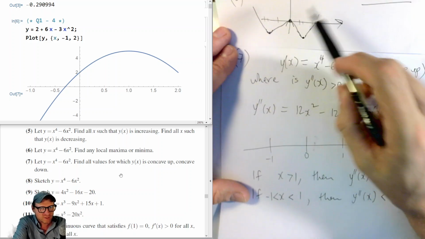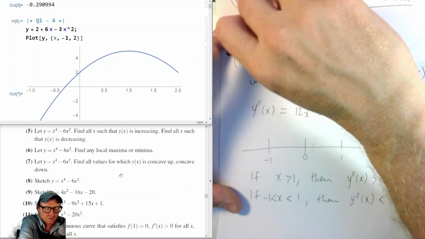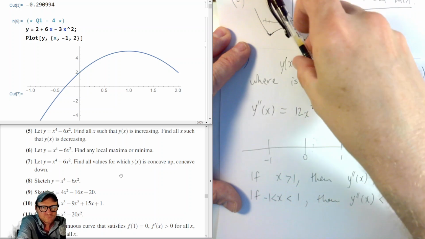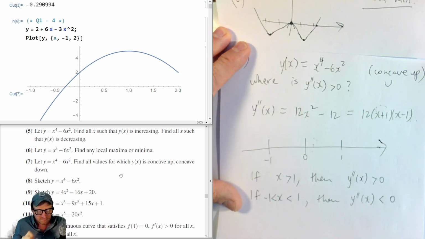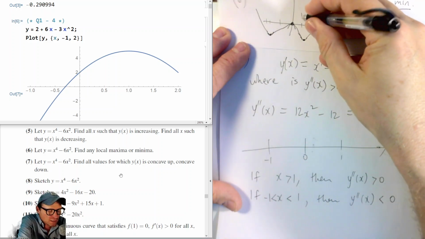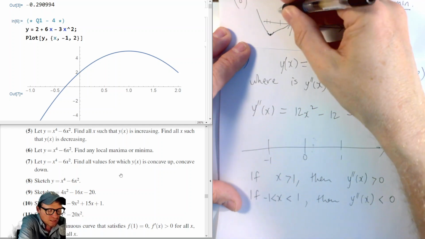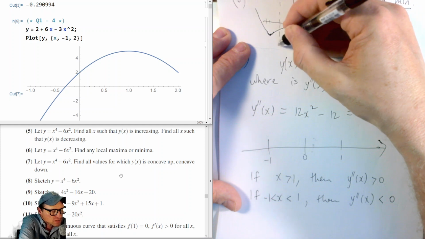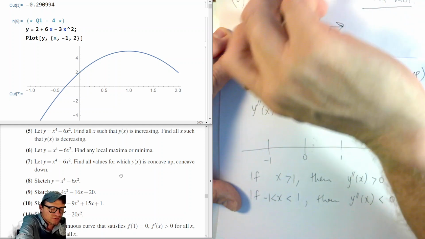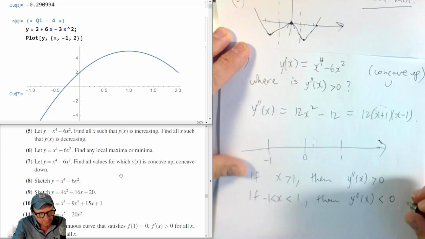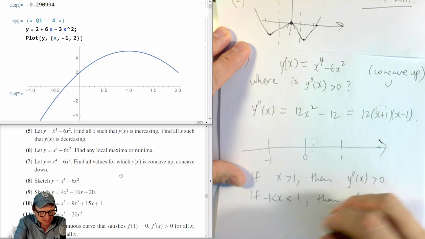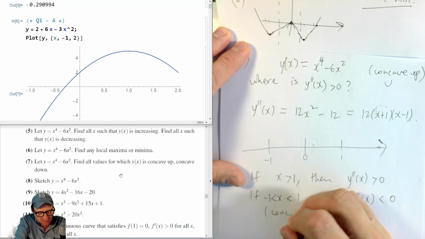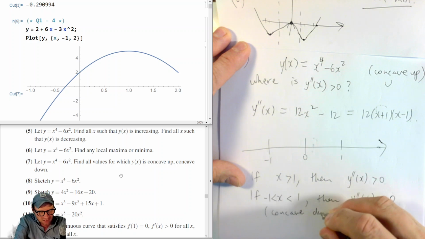All right, and you can see this from our sketch too, because the slope will be decreasing there. All right, and so where is 1? Let's fill that in with a dash line. So within this region, we've got concave down. And so let's say in brackets, concave down.